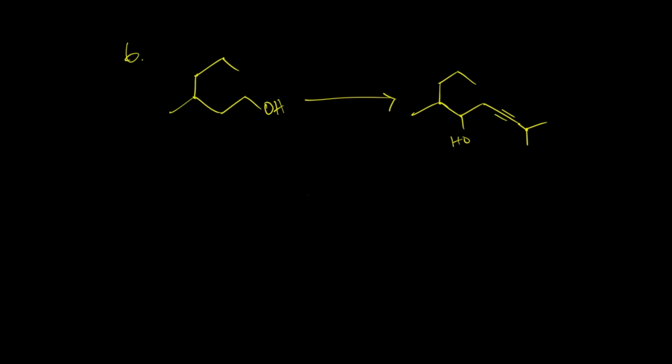All right, number 6 here looks similar to the last one. A little bit different though. Let's react this guy again with PBr3. Let's do LDA. A little different for this next step. I see that I need to add a triple bond. All right. How about here? We're going to react this guy with MCPBA.